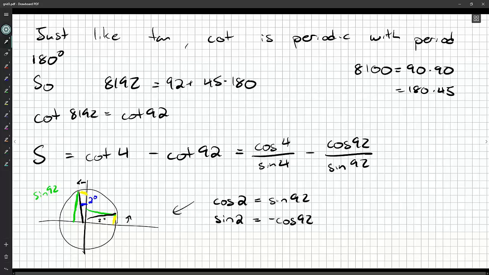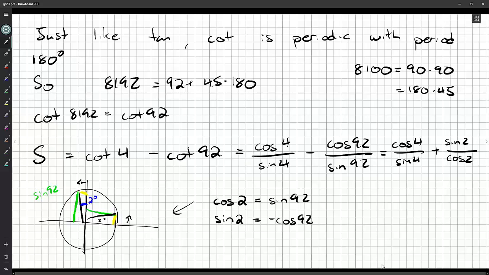Alright, so at least we get rid of 92's. And then what do we have? We have cos 4 over sine 4, minus the sine 92 on the bottom turns into a cos 2. And the cos 92, we can change this to a plus, and then minus cos 92 turns into a sine 2.